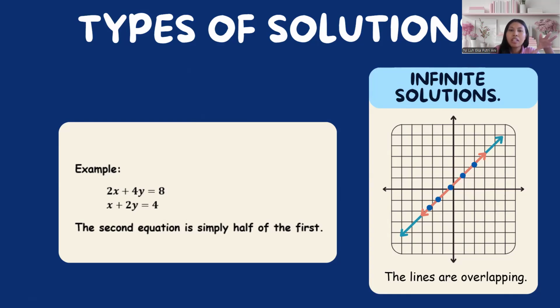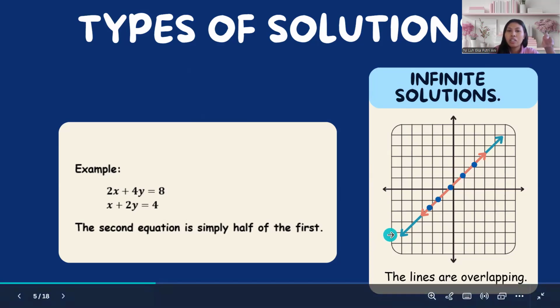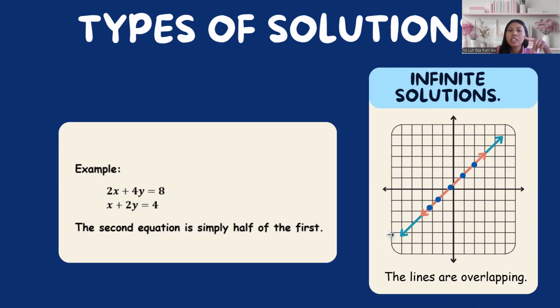The second type is infinitely many solutions. In this type, the lines are identical because one equation is a multiple of the other, so the equations represent the same line. For example, 2x plus 4y equals 8, and x plus 2y equals 4.